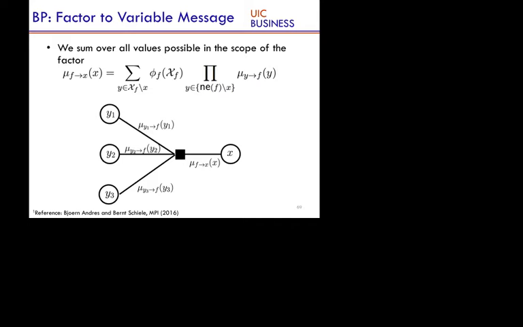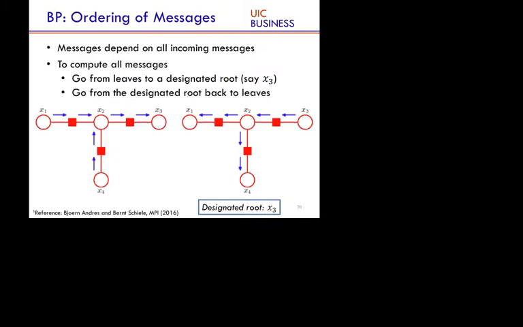So I'll have to wait until I get the messages from everybody else in my neighborhood, except the node I'm sending a message to, to actually send a message. So how do you do that? At least for trees, it's not actually complicated. For trees, there is nothing special that you need to do.